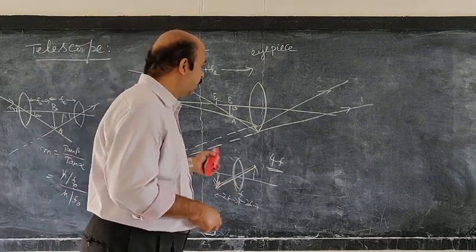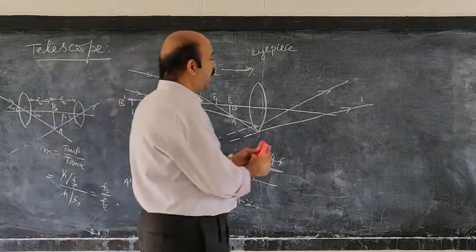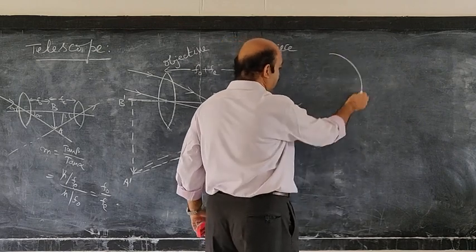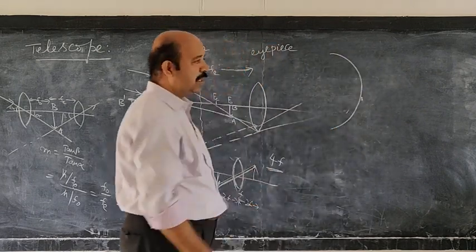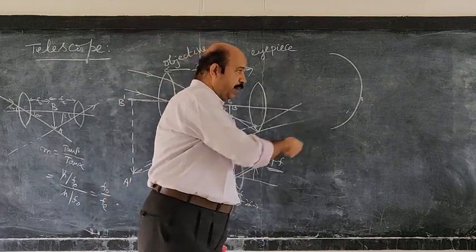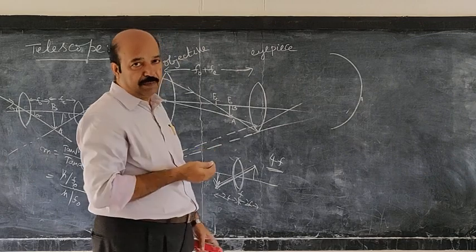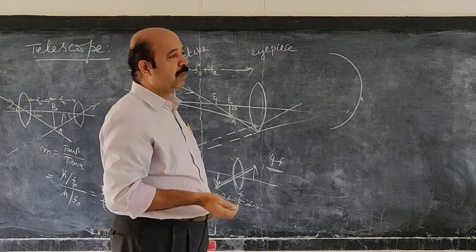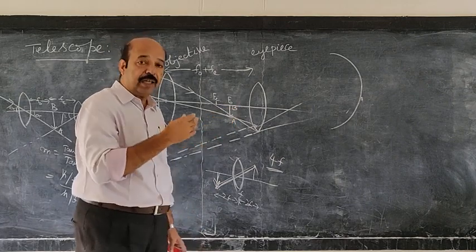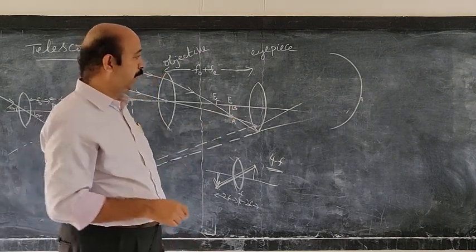So in place of the objective, a concave mirror of large focal length is used, and instead of spherical, a parabolic mirror is used, so that spherical aberration can be avoided. Since we are using a mirror, chromatic aberration can also be eliminated.